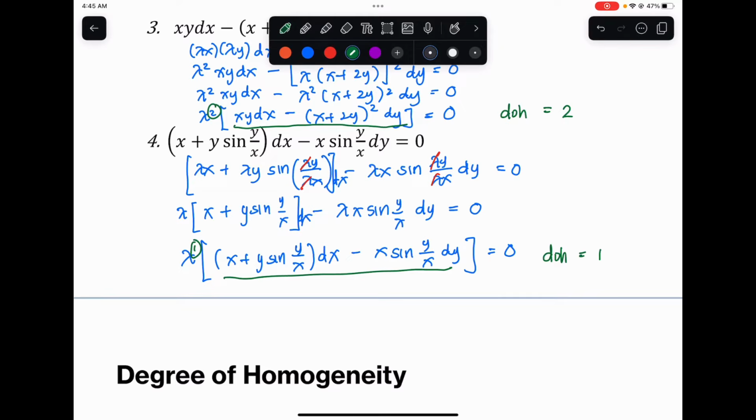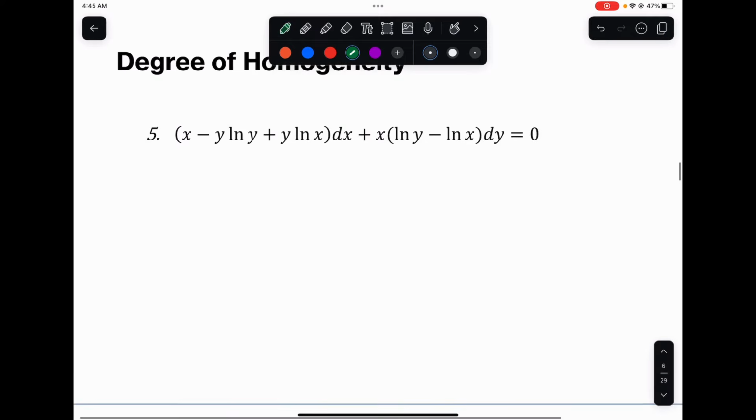So we were still able to factor out lambda, so that makes it homogeneous. Actually, all of these are homogeneous. Later on, we'll have an example of a non-homogeneous equation.